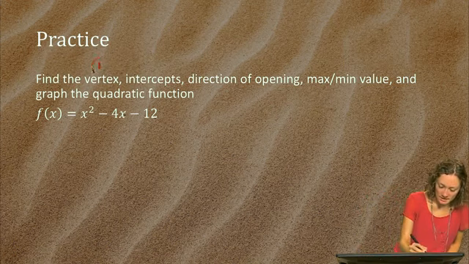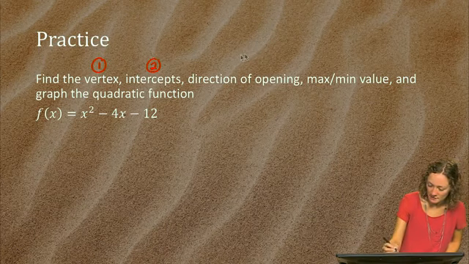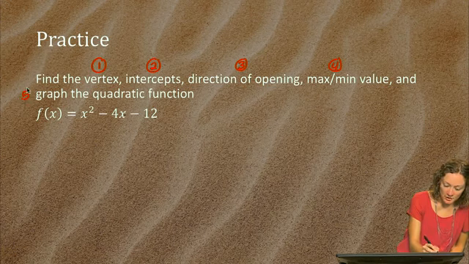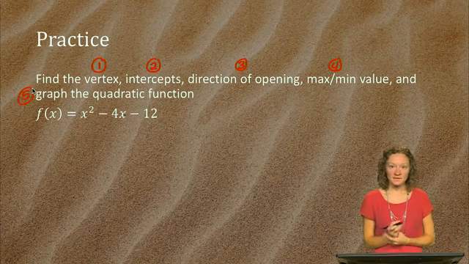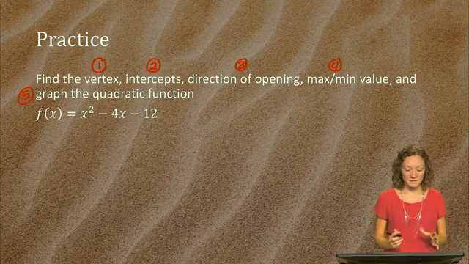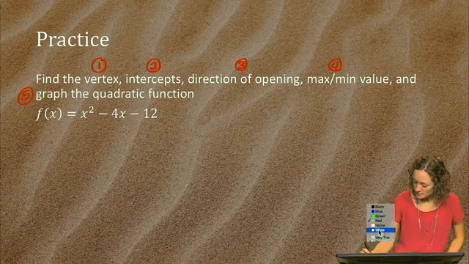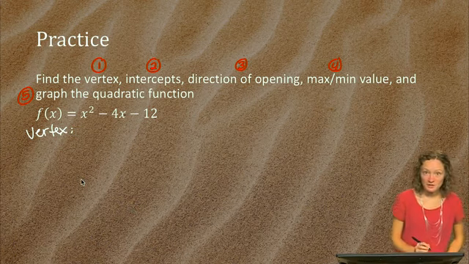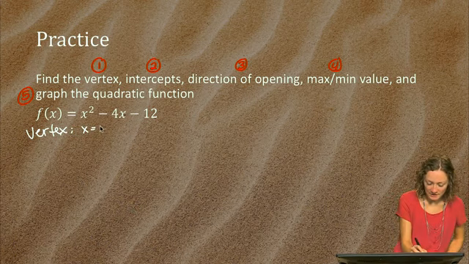All right, let's see if our work lines up. I'm going to label them all again. This is my strategy to stay organized. Okay, first the vertex. This one's in standard form. So I'm going to have to use negative b over 2a to get the x value.